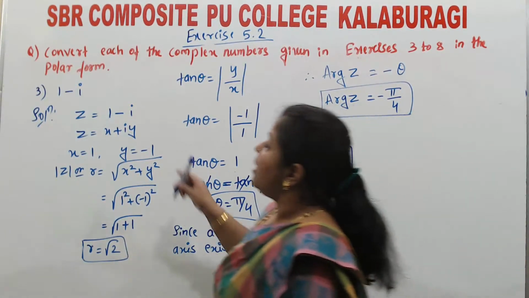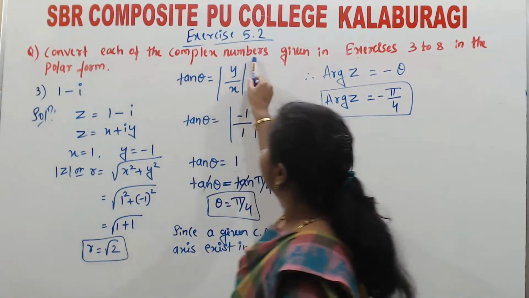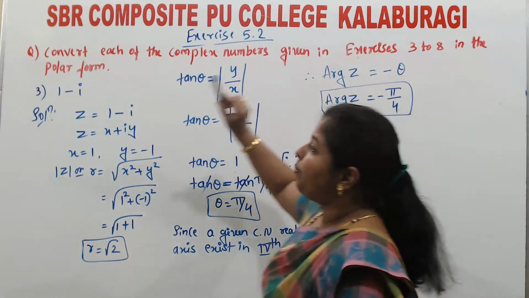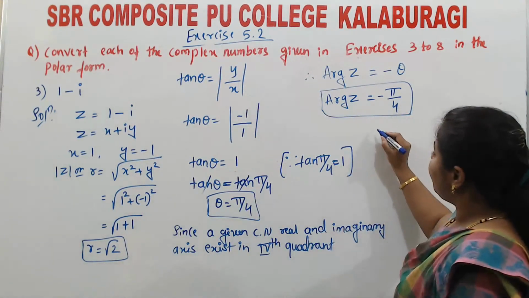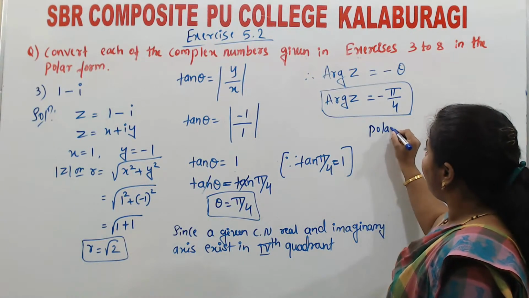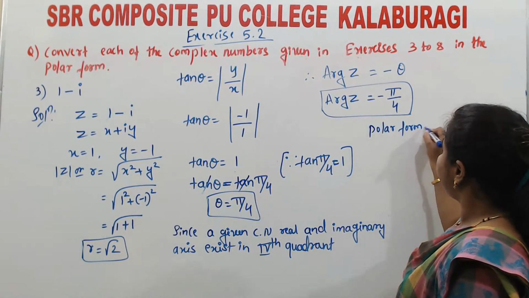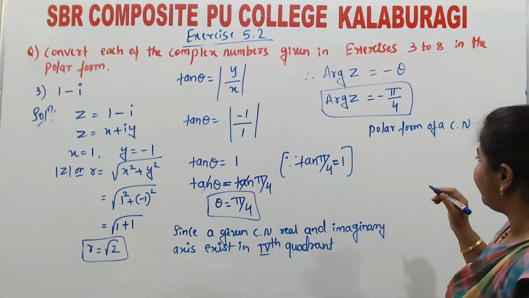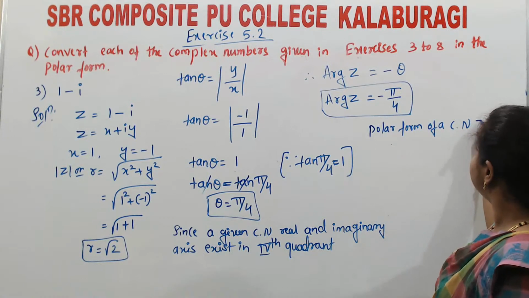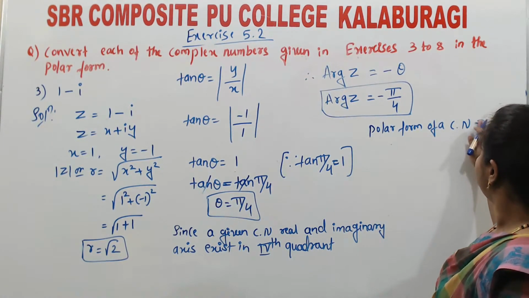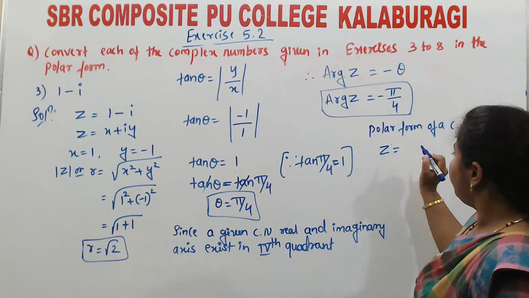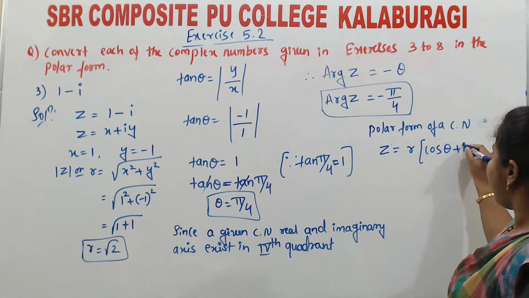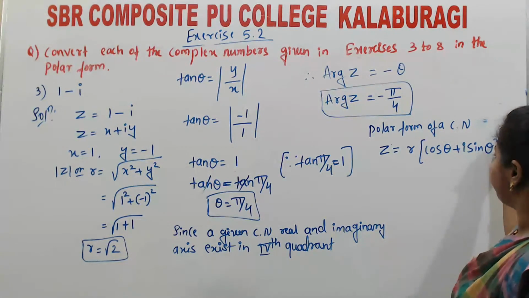What they said here? Convert each of the complex numbers given in the exercises 3 to 8 in the polar form. Right. What is our polar form? Polar form of a complex number z is equal to r cos theta plus i sin theta, right?